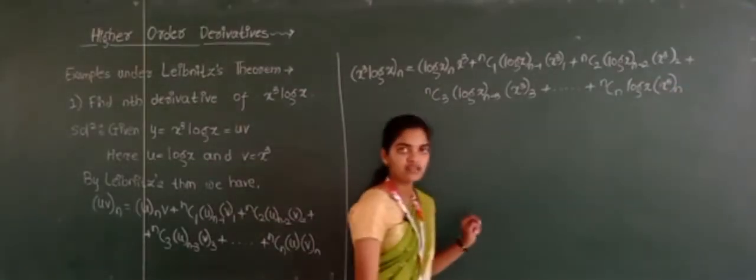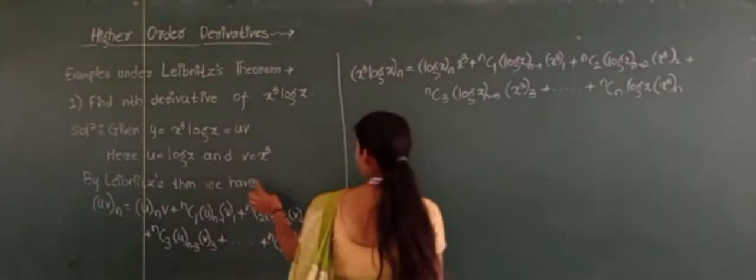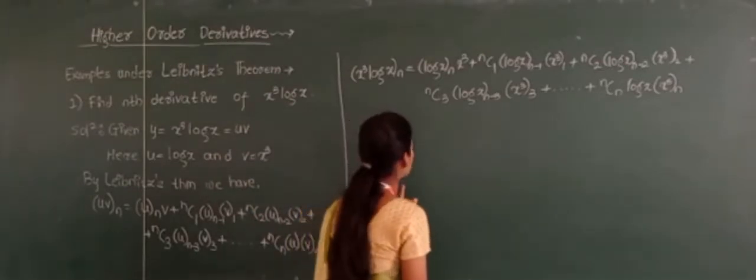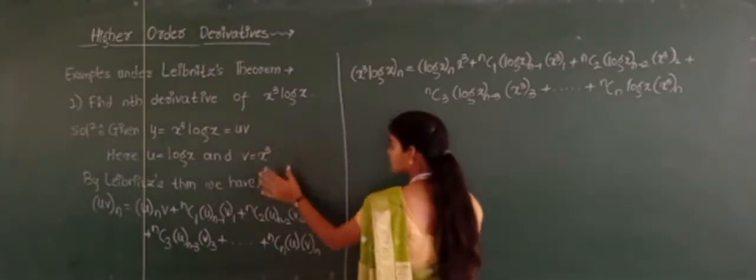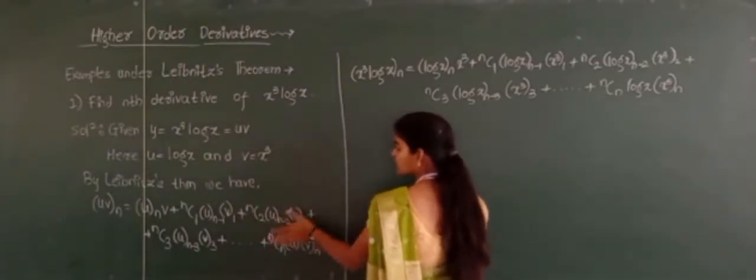What we did is, wherever u is there we substituted log x and wherever v is there we substituted x cube in the Leibniz theorem formula.